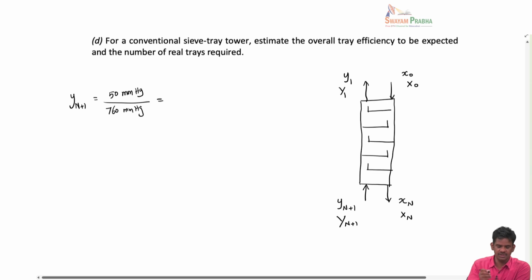So this gives you the mole fraction, and this is 0.0658. So I can substitute that here, 0.0658. If I convert this into mole ratio units, that is y by 1 minus y, you will see this is 0.0704.